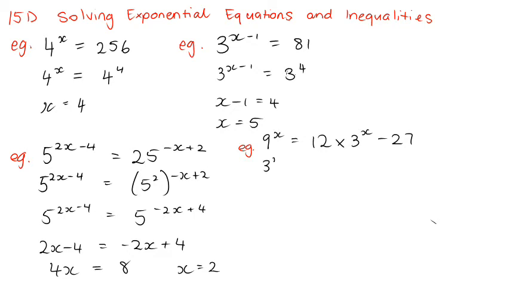So 3 to the 2x. What we're aiming to get is a 3 to the x on the left-hand side because we want it to match the 3 to the x on the right-hand side. So we can change our 3 to the 2x to 3 to the x, squared.